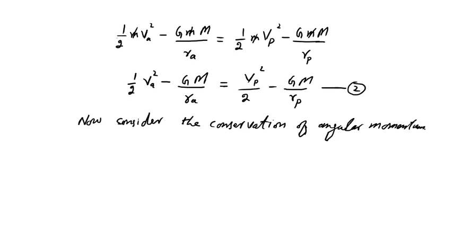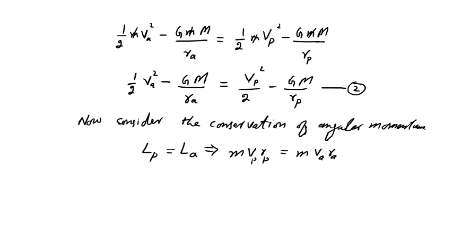Angular momentum at apogee will be equal to angular momentum at perigee, and we can say that angular momentum at P, that is mass of the satellite, m Vp Rp, we know that this is the equation for the angular momentum, equals m Va Ra.